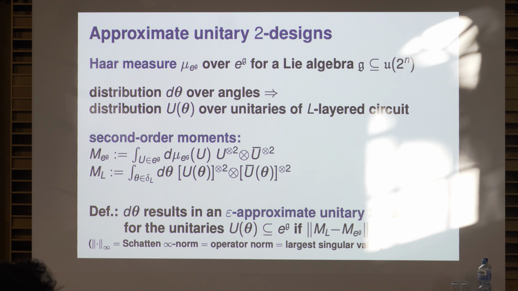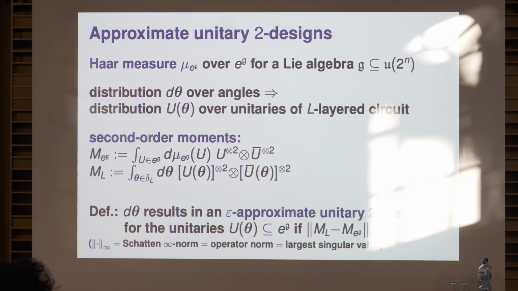For that, we need to talk about designs, as we have seen before. So we need to talk about what an approximate unitary 2 design is. Essentially, it behaves like the Haar measure up to second moments. This is the shortest version, and I don't need to talk too much because David already talked about this in a slightly different version.